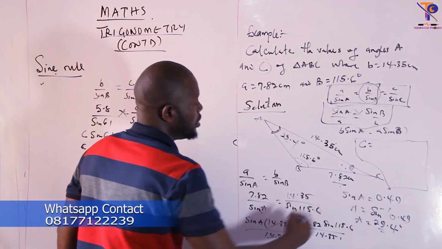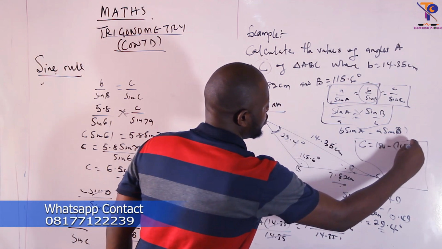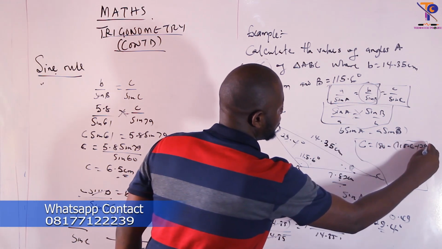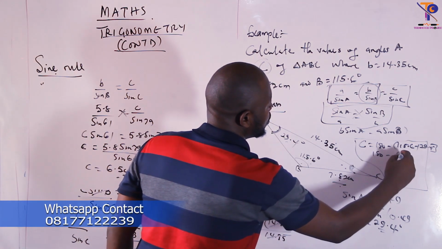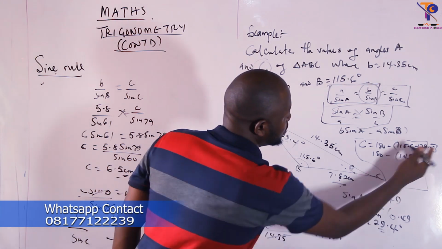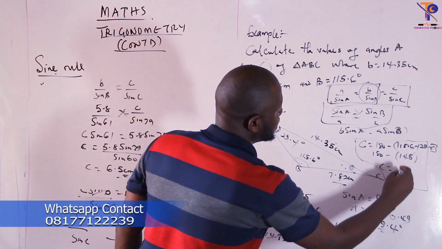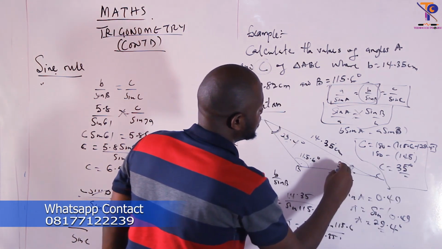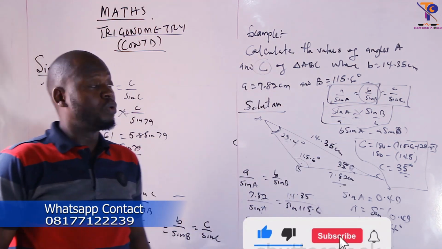C will be equal to 180 minus 115.6 plus 29.4 degrees. So I will have 180 minus 145 degrees, yes, that is 145 degrees. So my C is equal to 35 degrees. That is all about the question.